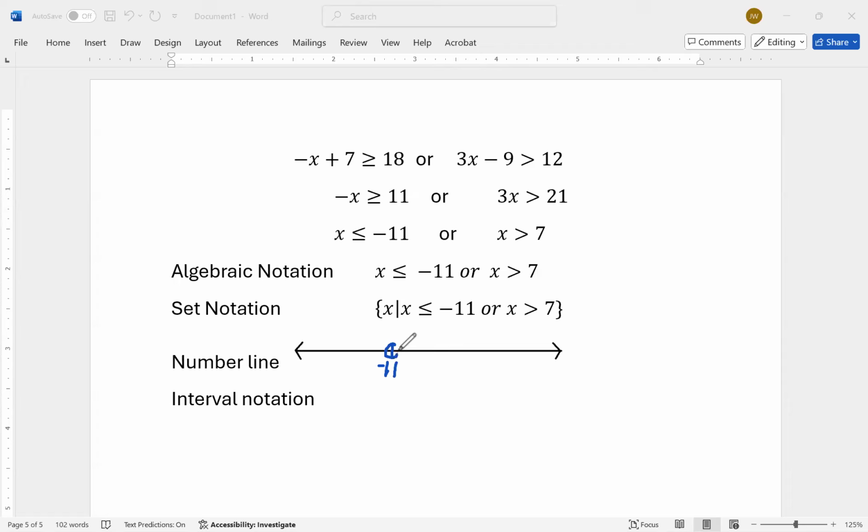Since we could have the equality here, I do a filled in circle or a closed circle, and then I point to the left. We'll write 7 here. Because I don't have the equality, I put an open circle at 7, and then numbers have to be greater than 7. So either of these two regions will satisfy this equation or this equation, or this inequality or this inequality.